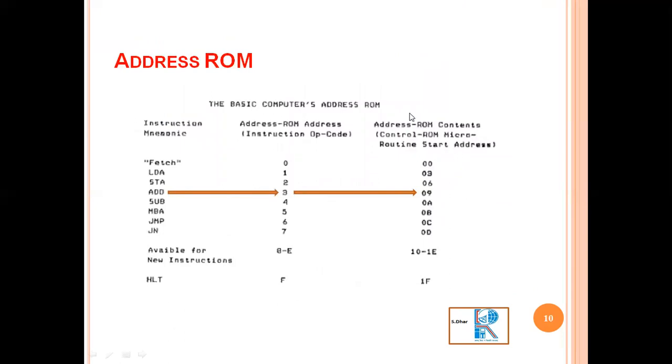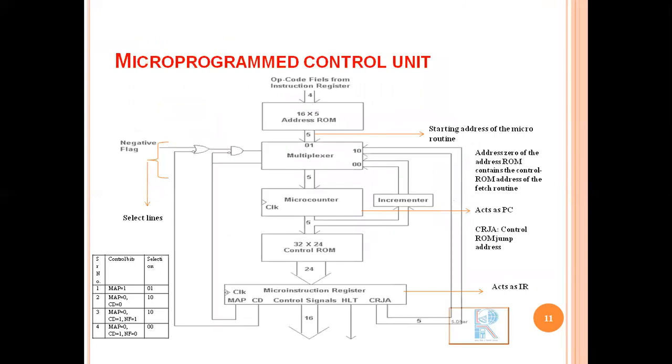Now, what is address ROM? What is control ROM? How are they connected? How are different addresses selected depending on the MAP signal, CD signal, and NF signal? It will be clear from the next figure. So this is our architecture of the microprogram control unit. Clear? Now in the microprogram control unit, see here.